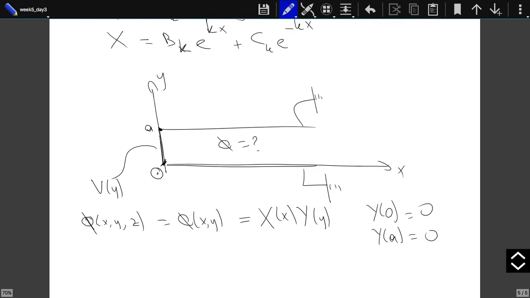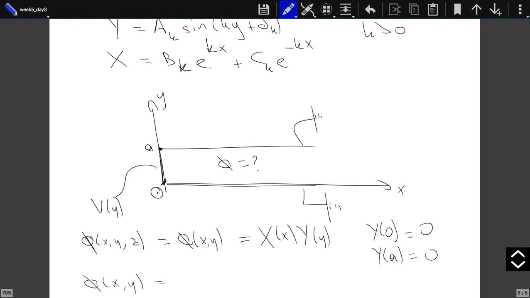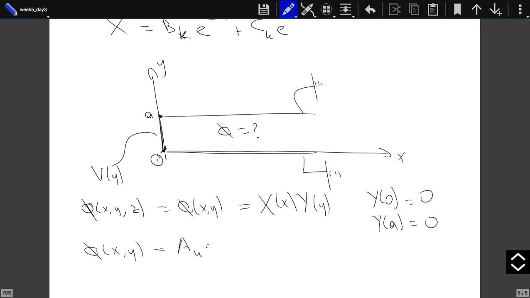Now let's come back here. Now I had found one possible candidate, let's say, phi of x, y, the product of these two things. That product is ak sine of ky plus delta k times bk e to the power kx, no, this is y, kx, plus ck e to the power minus kx.